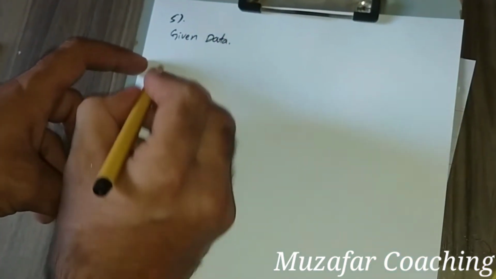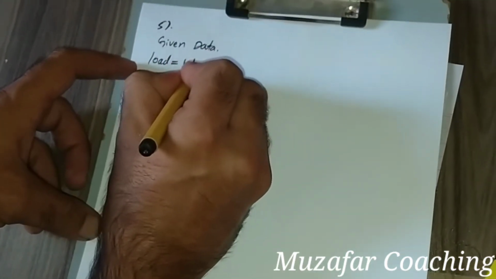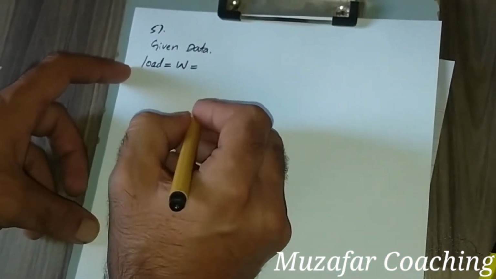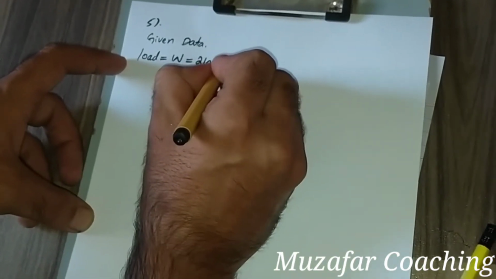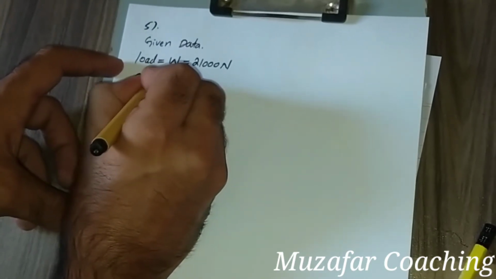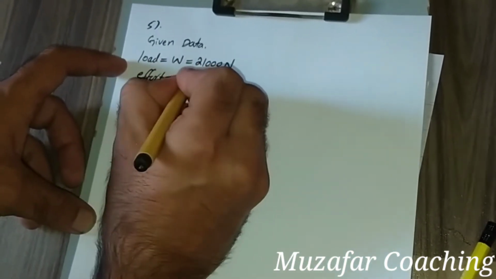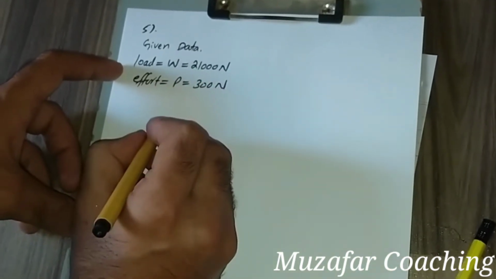So what is given? Load is given. As I already told you, load is denoted by W, and that is equal to 21,000 Newton. And effort is given. Effort is denoted by P, so that is 300 Newton.